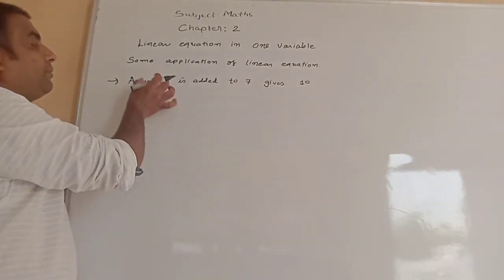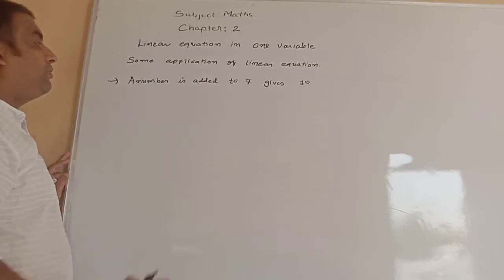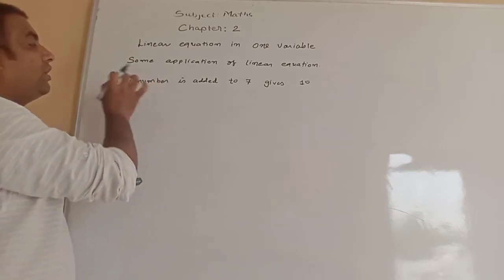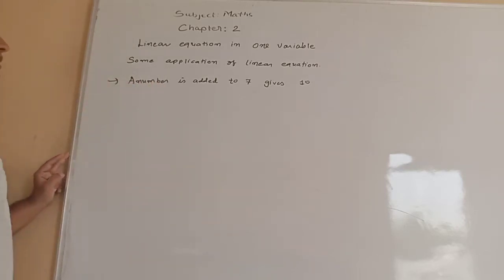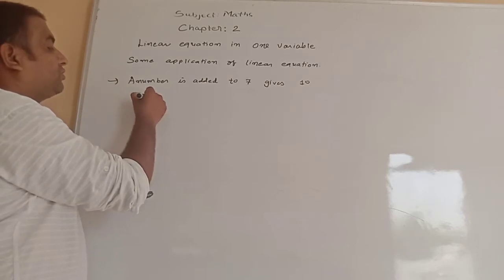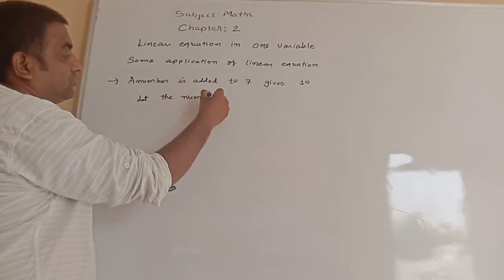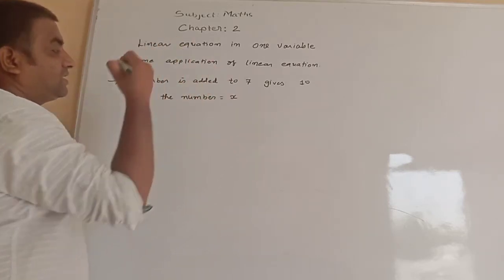So an unknown number is there. It is not mentioned which number, so a number means the number is unknown, and for the unknown number we use a variable. So let the number equal x.